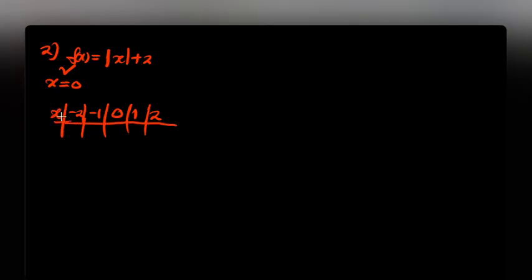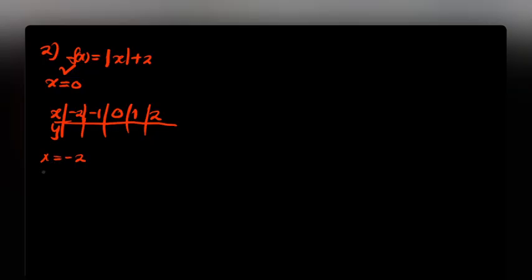Remember, these are the values of x, and here we have the values of y. After that, we substitute into the original function to get the values of y. We start with -2. For x equal to -2, what would be the value of y?